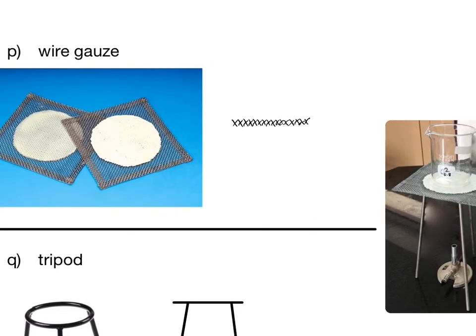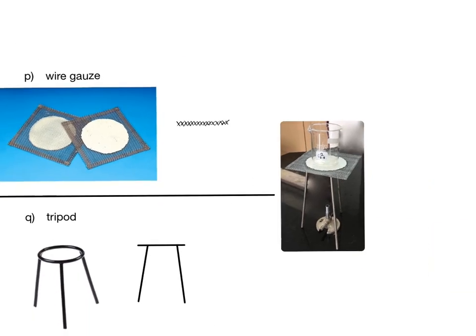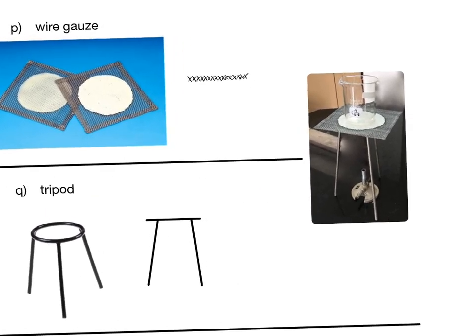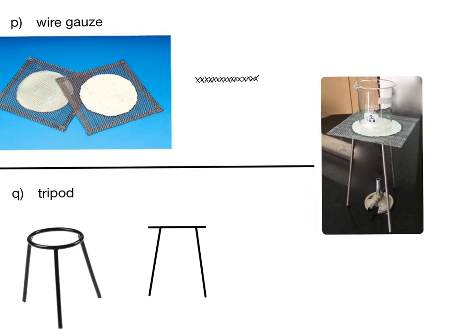Okay, and the next one, wire gauze and tripod. I suppose it would be better if you have a look at this setup first. Wire gauze and tripod usually come together. This is the wire gauze, while the one here at the bottom is a tripod.